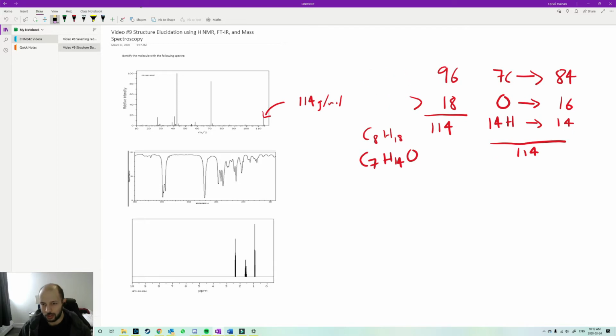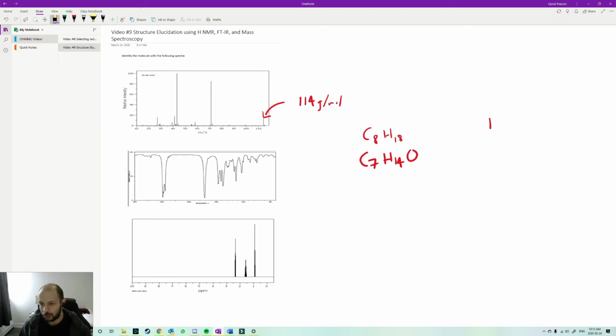Now I'm just going to work with these two possible formulas for now. So I'm going to erase the rest of this, and I'm going to start again. Okay, so now, given that I have two possible molecular formulas, I could go with calculating the degrees of unsaturation, right?